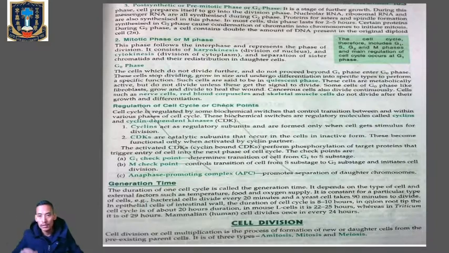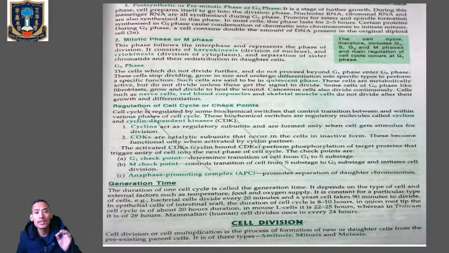So mRNA, rRNA, and nucleolar RNA will all be synthesized. Then proteins for aster formation and spindle fiber formation are also synthesized during the G2 phase. This phase usually lasts for about 2 to 5 hours.